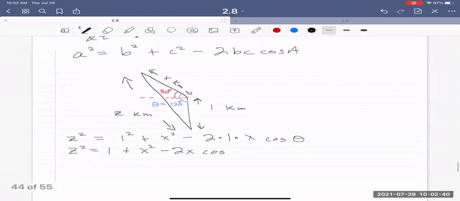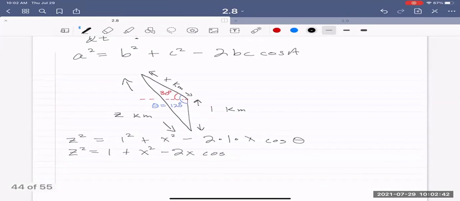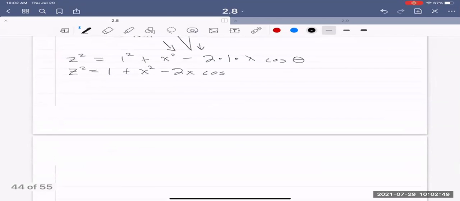And well, that's always going to be fixed. You're never going to change that. So this angle is always 120 degrees. It's always 2 pi over 3. So you're not changing course direction or anything.